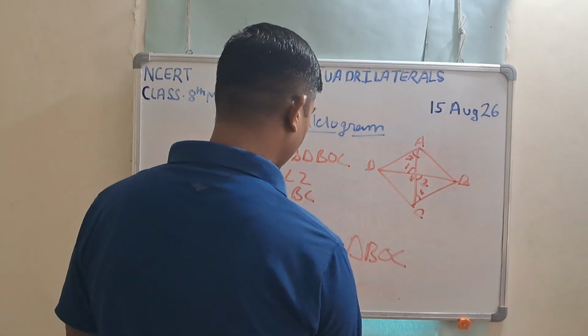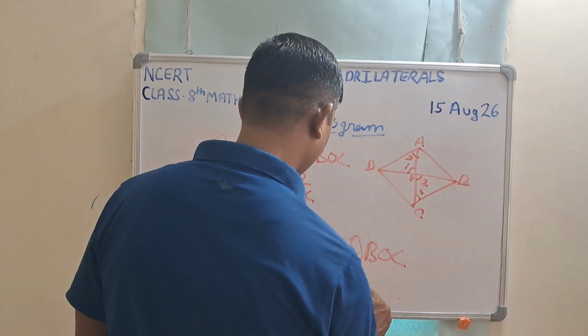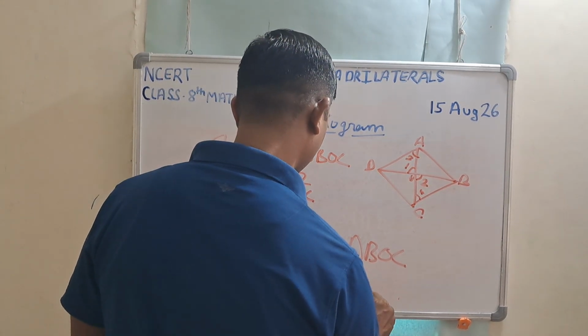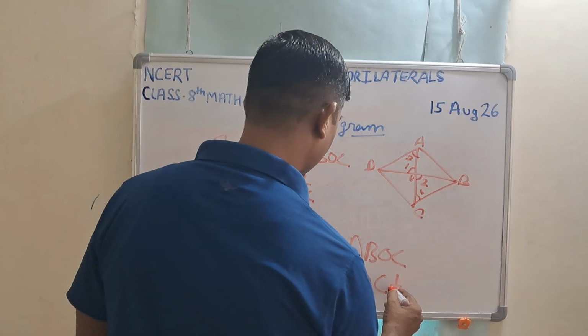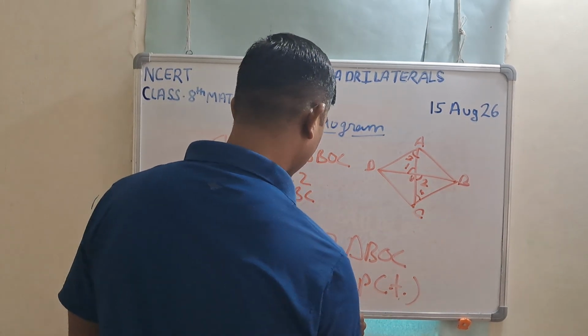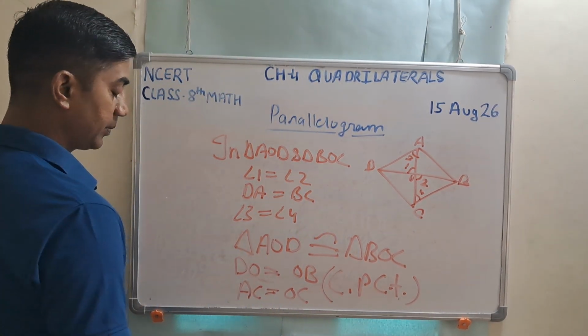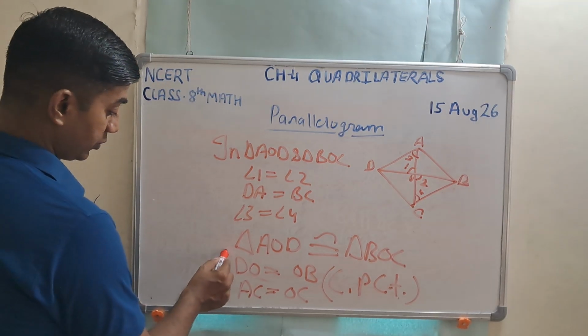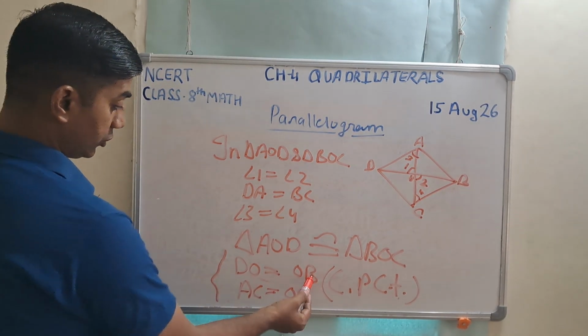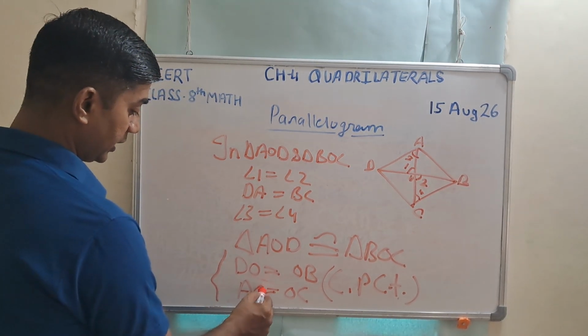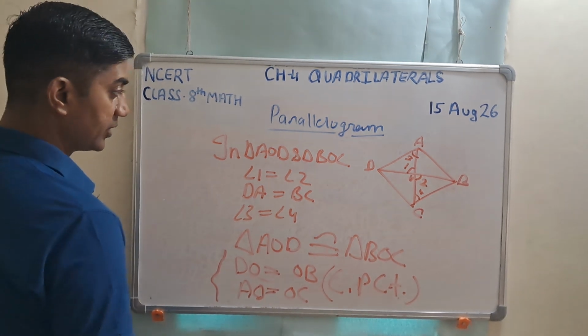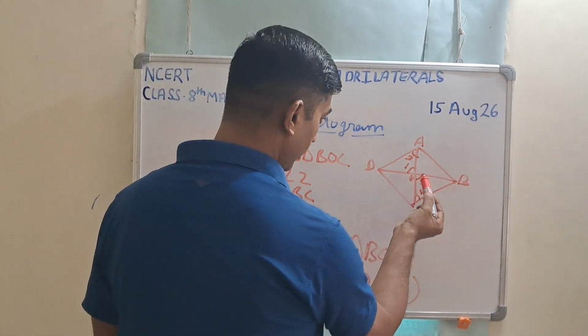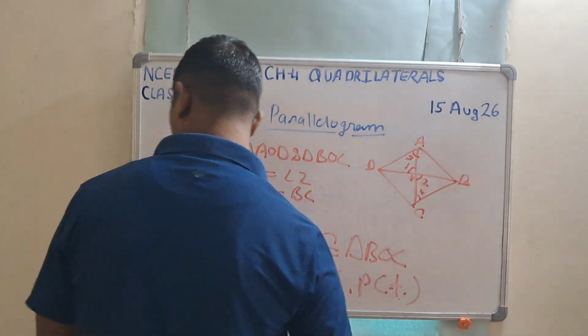We have taken the corresponding parts of congruent triangles. Understood? We have taken the corresponding parts of congruent triangles and we come to the conclusion that DO is equal to OB and AO is equal to OC, which means that O is the midpoint of BD and AC.